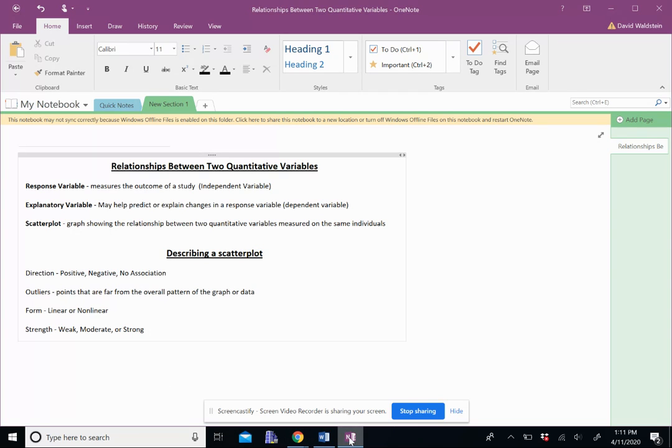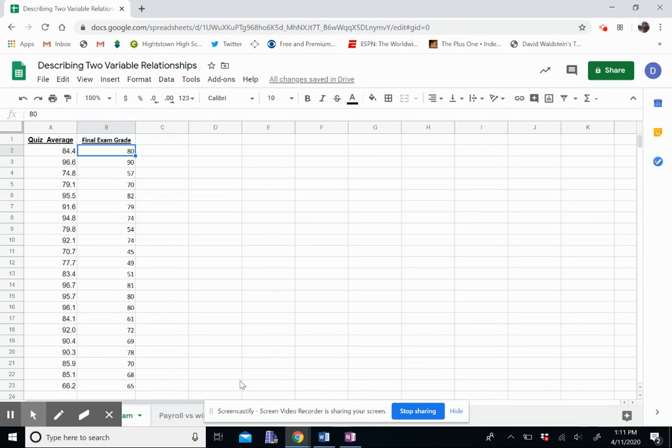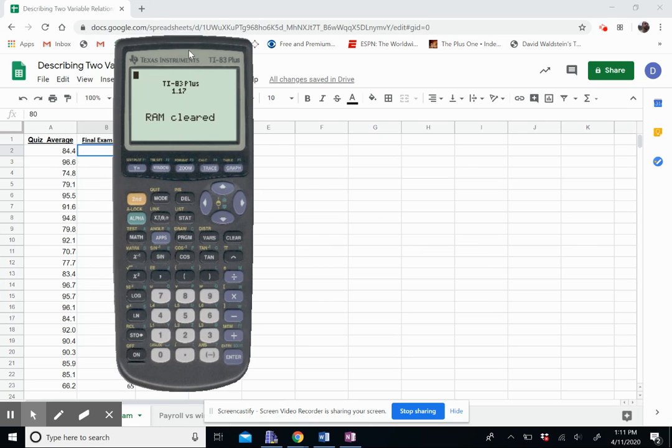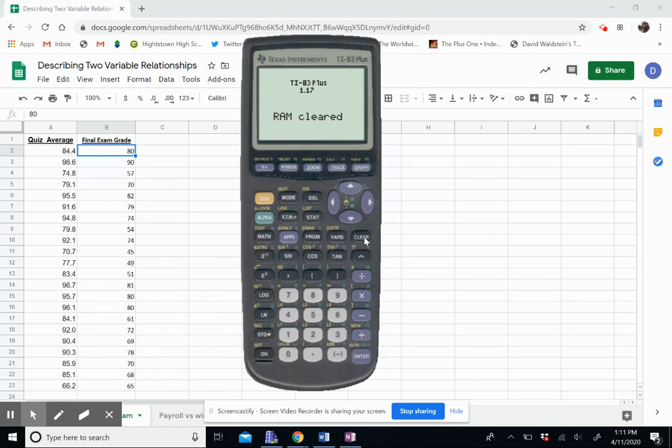All right, so I'm going to pull up some data here, and I'm going to show you how to do this on your calculator. Now, if you reboot your Chromebooks, there should be an 84, a more updated version of this calculator on your desktop somewhere. So we're going to put in our data like we have before, and I'm going to go to the stat function and edit. And this is what we're going to be comparing: a student's quiz average throughout the year and their final exam grade.